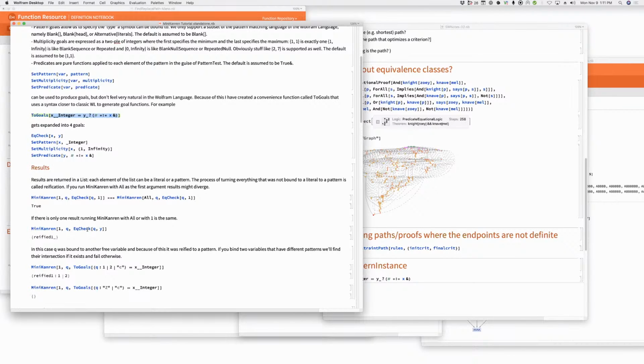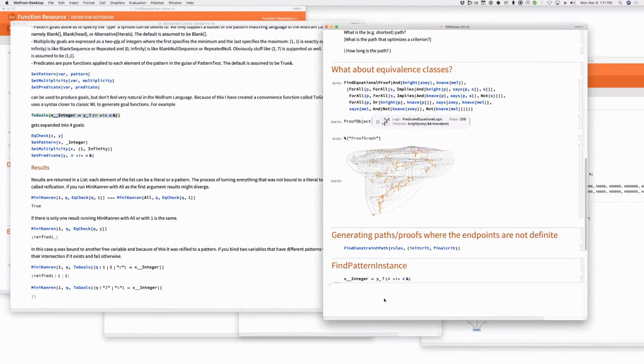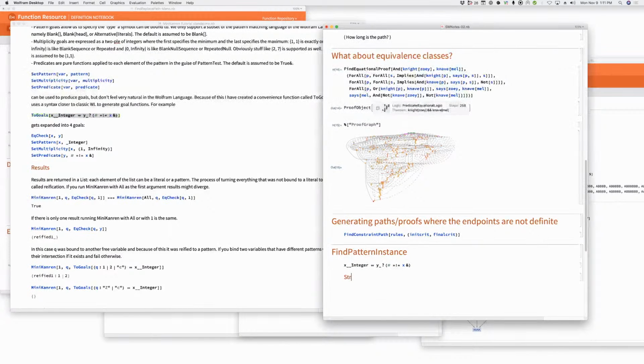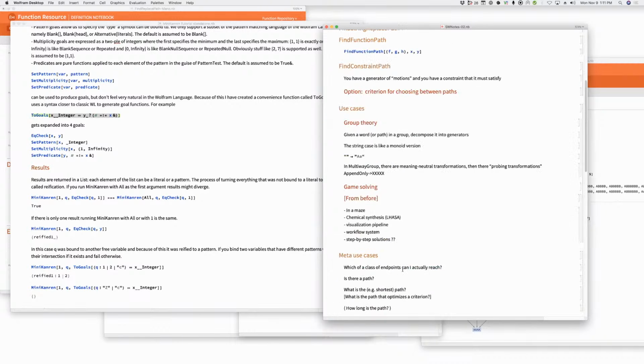I'm not sure it's even now been put in the function repository, because there were only specific string patterns. I just want to make a note, this thing is related to StringSolve. But honestly, this is a different problem from these path-related problems.